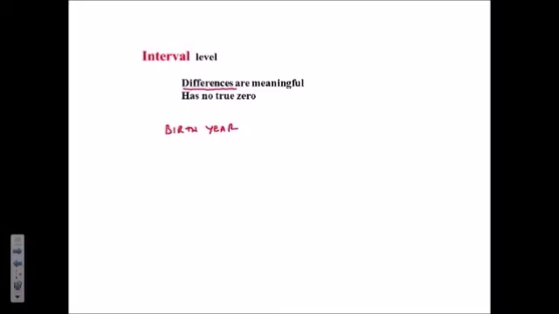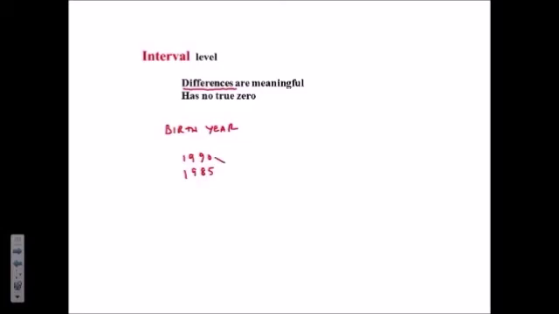Someone was born in 1990 and another person was born in 1985. Well, these are nominal in the sense that it's the name of a year. They're also ordinal because they could be put in order, but they are finally interval level because differences now are meaningful.